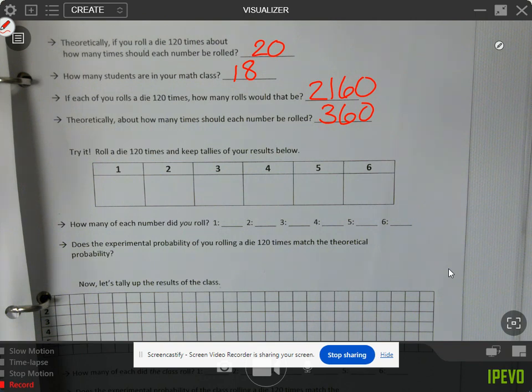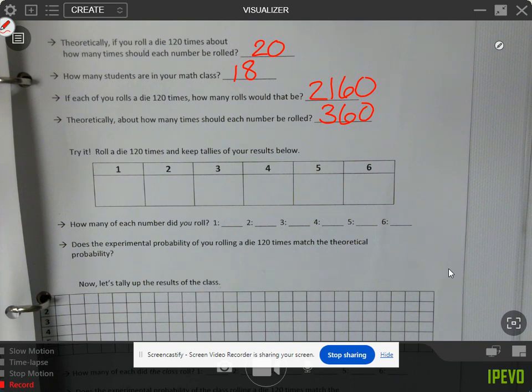Okay, so we've got the top part for each of our experiments figured out. We are going to do the experiments in class, and tomorrow we're going to go over the results. So if you are at home, you are going to need a dice and a coin to do the experiments, following through, rolling the dice 120 times and making tally marks, counting up how many of each roll we got.